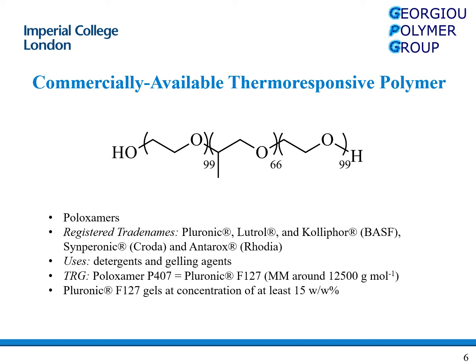This polymer, when dissolved in aqueous media, forms a gel at concentrations of at least 15 weight%. So the idea is that we have to try and find something that forms a gel at lower concentrations than 15 weight%, which will be very cost effective for the final application.